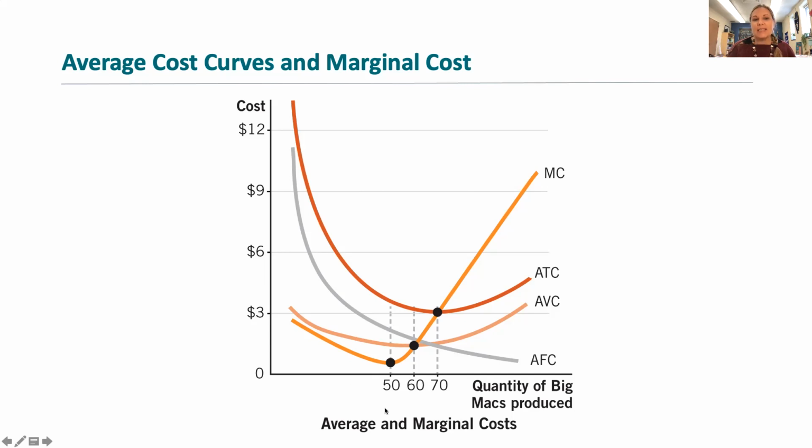However, we know that at some point, diminishing marginal product kicks in. A reminder, diminishing marginal product means that the extra output produced by each additional input begins to decline. So while the inputs are still adding to our overall production, they're adding a smaller and smaller amount.